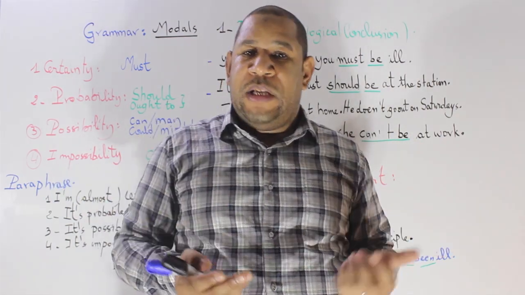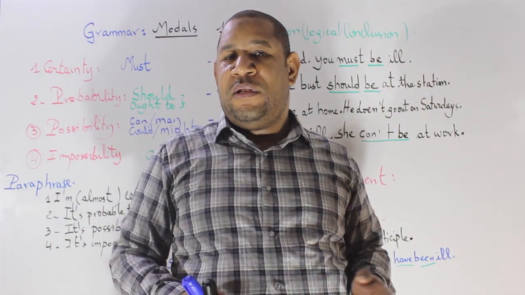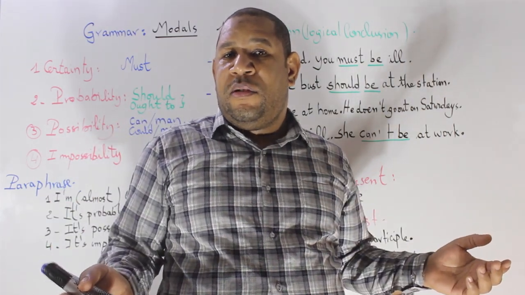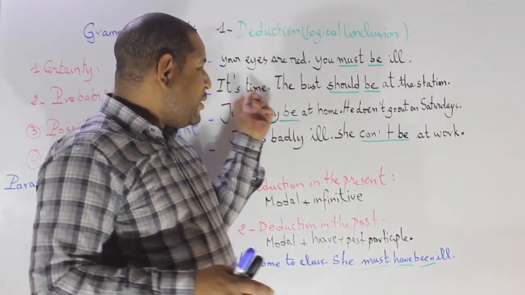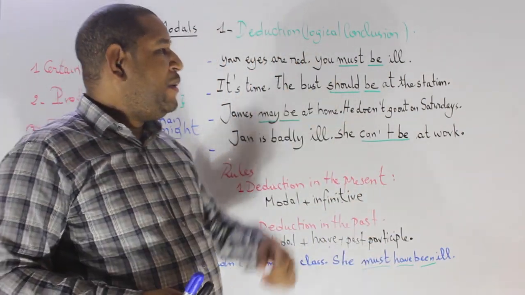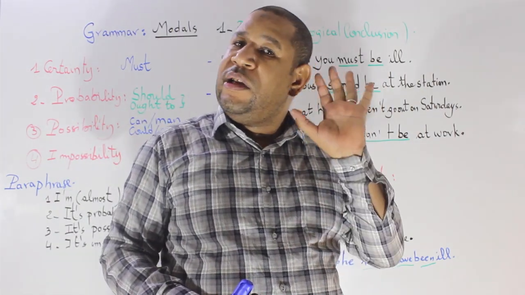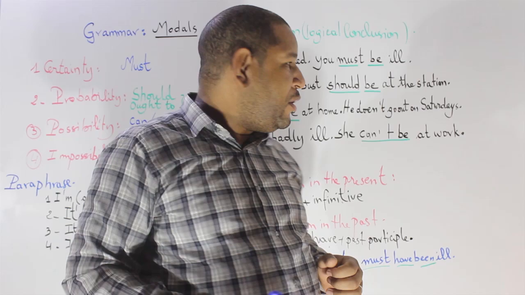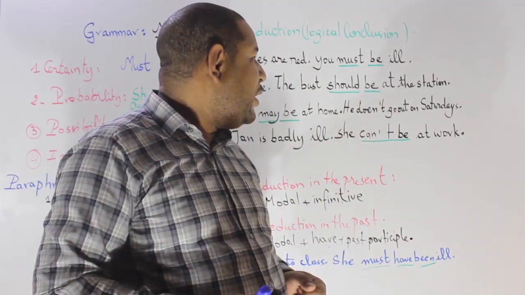And maybe somebody asked me if the bus has arrived. I don't know, but I have a probability because it's time. So I say, it's time. The bus should be at the station. I can't see the bus. I can't hear the sound of its engine, etc. So that's why I say it should be at the station.